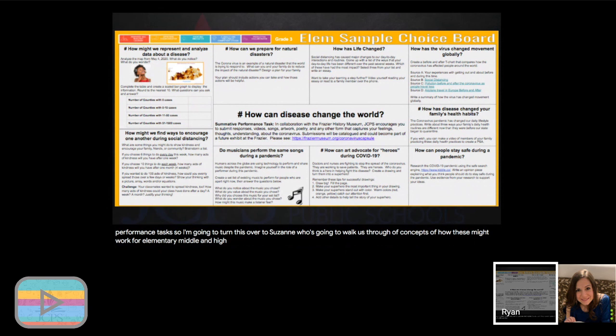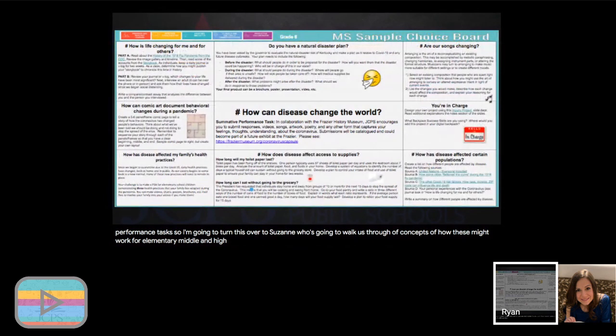And so if you'll go to the next slide, Ryan, thank you. This is our middle school example. And so what you can see here from the elementary, for example, math task where students are looking at a map and they have a little T-chart there with some data. And then if you look down in the very middle bottom task, how does disease affect access to supplies?